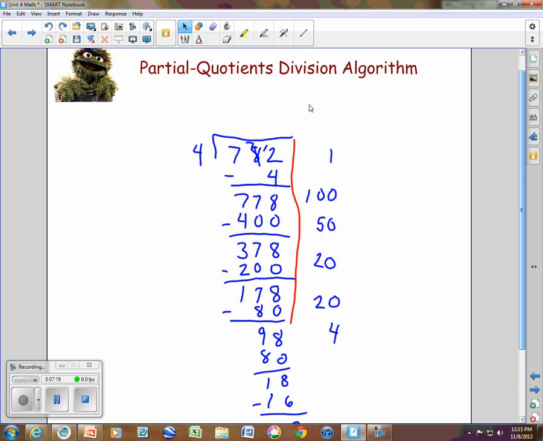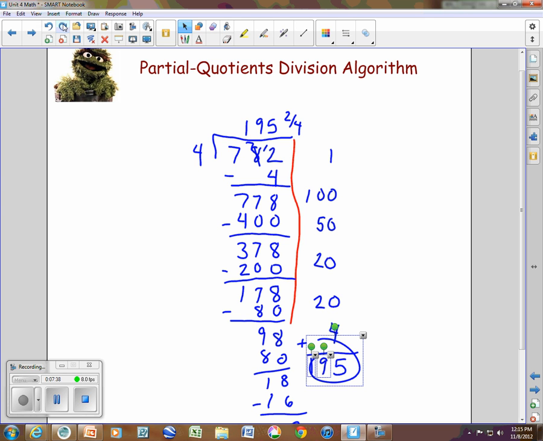The next step in this partial quotient algorithm is to add up all of the answers that you've kept track of on the side. And that ended up with 195. Move that over so you can see 195, and we had a remainder of 2. So that would be reported as 2/4. But again, 2/4 is better to be written as 1/2. So the answer is 195 and 1/2.